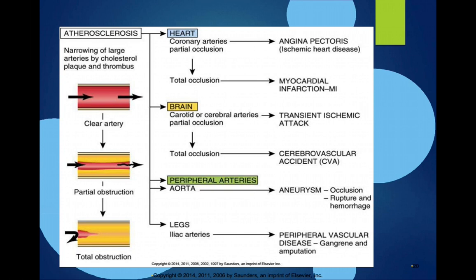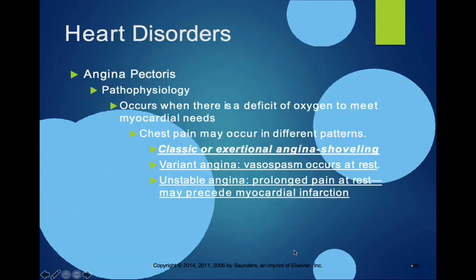It expands a bit, and in very extreme cases, it can rupture or hemorrhage. Okay. The legs, you can get peripheral vascular disease. It shows up with decreased hair on the lower leg. You can get different coloration and gangrene, and in extreme situations, amputation.